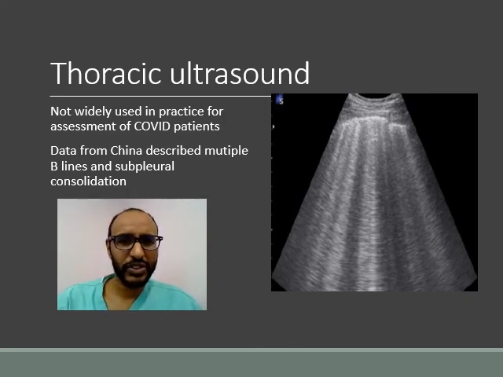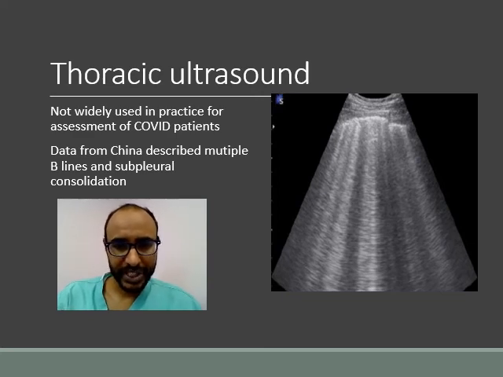So it's not commonly used in practice, لكن in rare situation like critically unwell patient cannot be moved or mobilized to any other place, then you can do thoracic ultrasound.